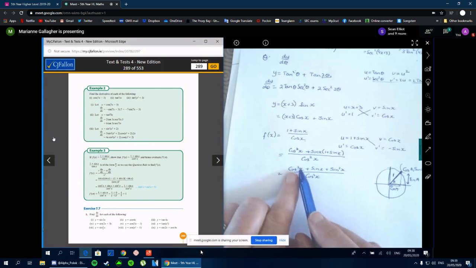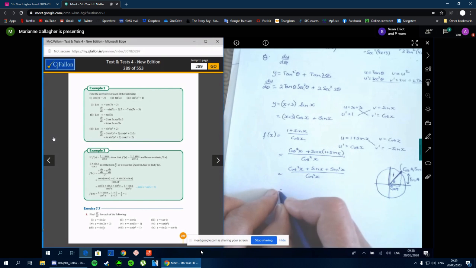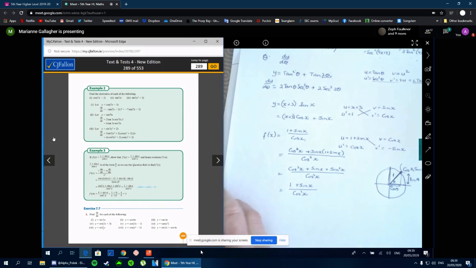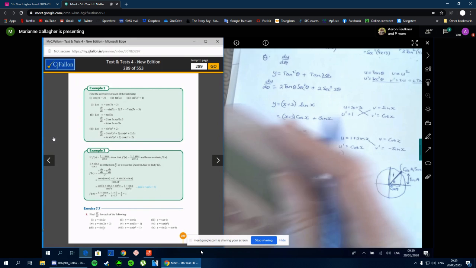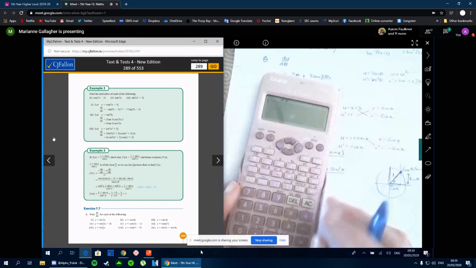And if we come back here, we have cos squared plus sine squared, so that's equal to 1 plus the sine x all over cos squared x. So you can check that out in your calculator if you pick a number like cos 30.